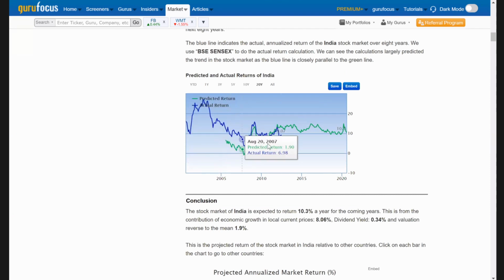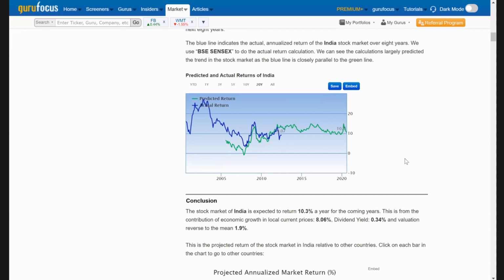Okay, this is one chart. This blue line is the actual return for the India market. The green line is the projected return. Consider the period when the two lines cover a similar time, from the year 2006 to 2012, and the lines overlap quite well.